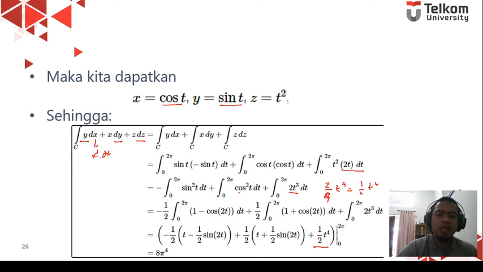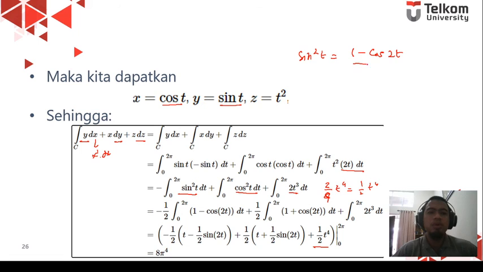Okay, how can we make this integral? We use the even rule. That means you have to remove all the powers in the sin and cos. How to remove? So sin squared t should be equal to 1 minus cos 2t over 2, and also cos squared t, you have to change it to become 1 plus cos 2t over 2.